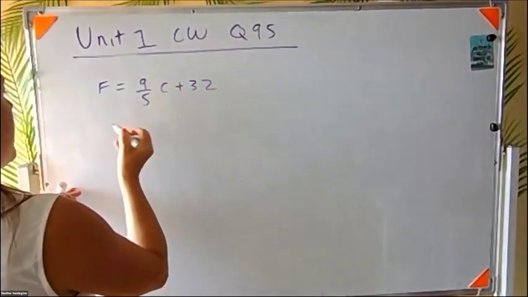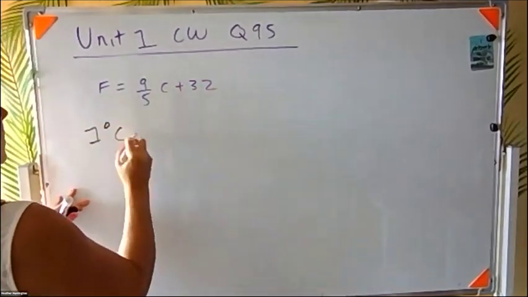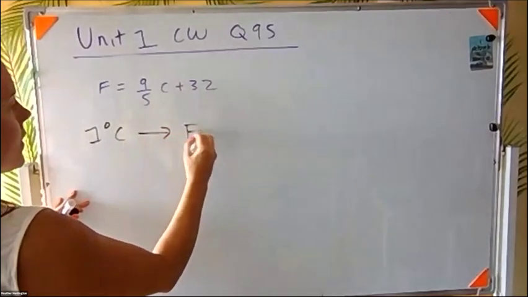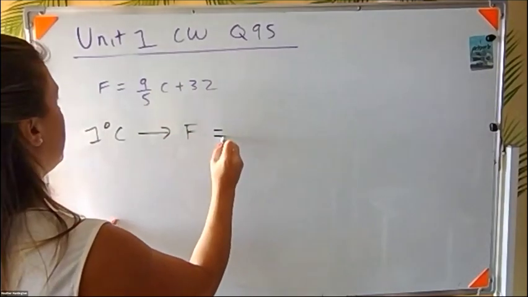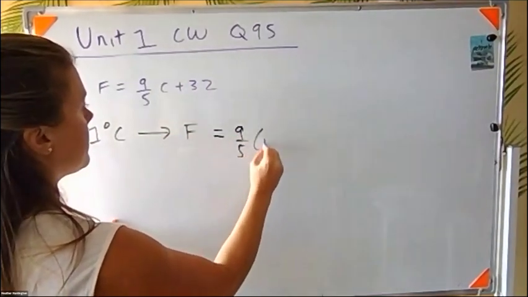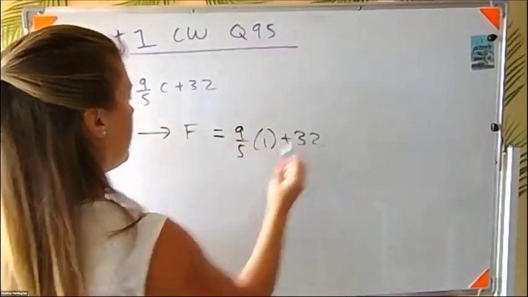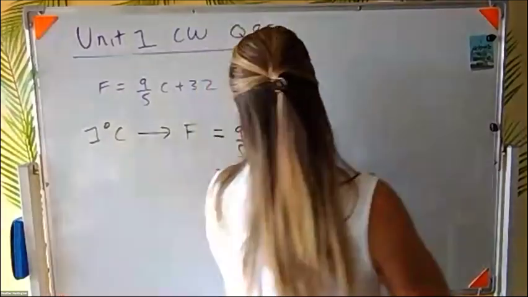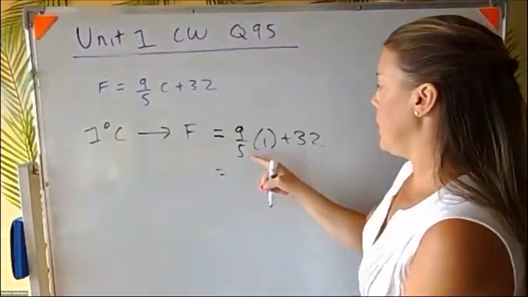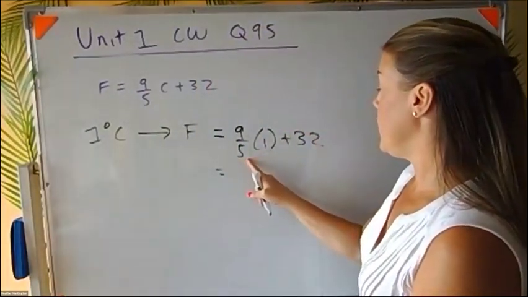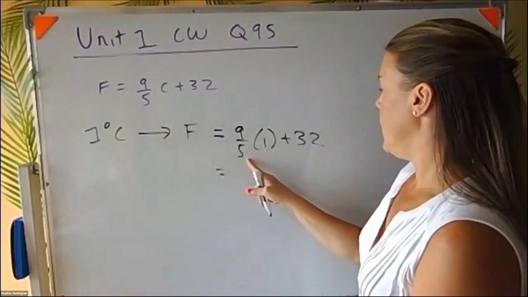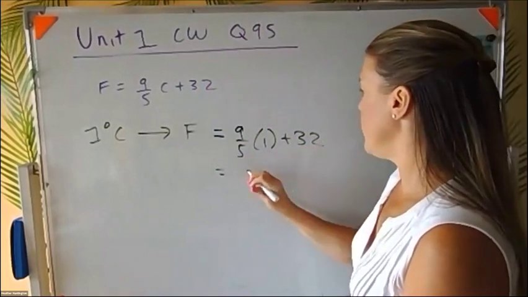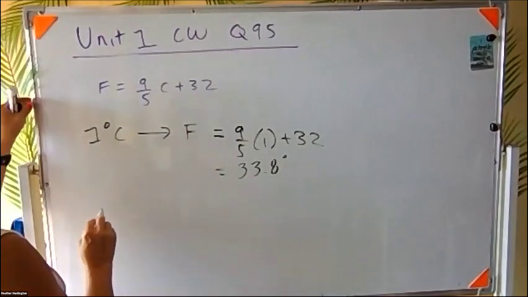So let's say 1 degree Celsius going to Fahrenheit. So 1.8, I'm doing it in my head. That's going to be 33.8.